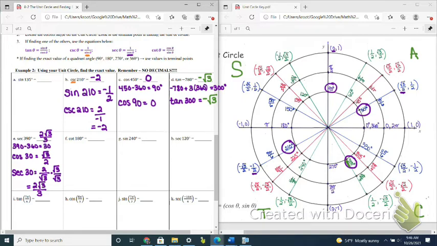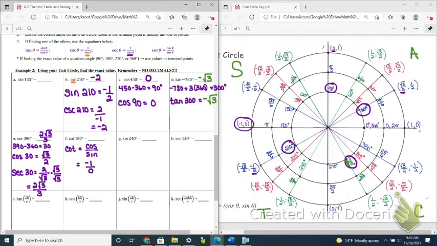Okay, if I look at cotangent of 180, so first of all, cotangent, if I look up top, my formula is cosine over sine. So 180 degrees is this point right here. Your cosine is your first coordinate. So this becomes -1/0.